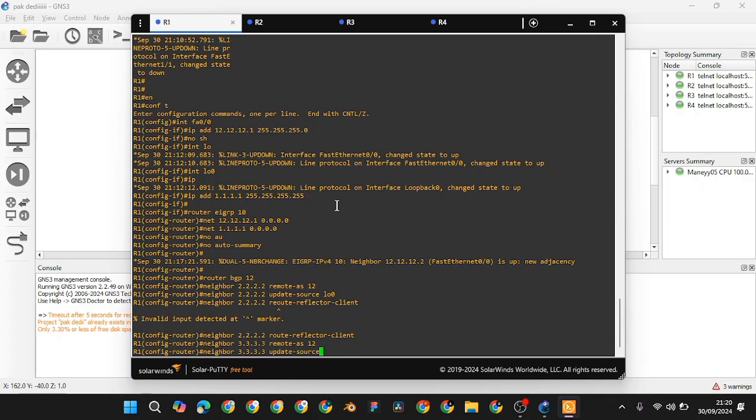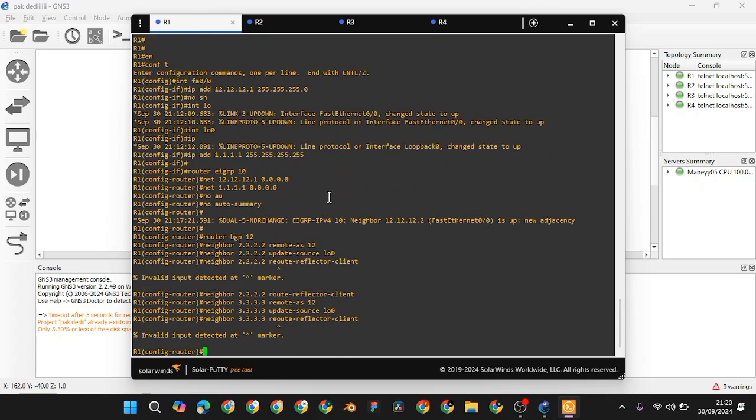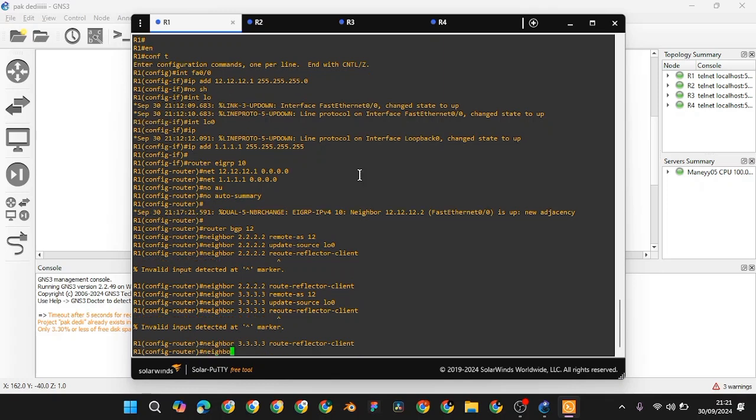Remote reflector client. I'm sorry, there are a lot of mistakes because it's already night and I'm not fully focused on my work.